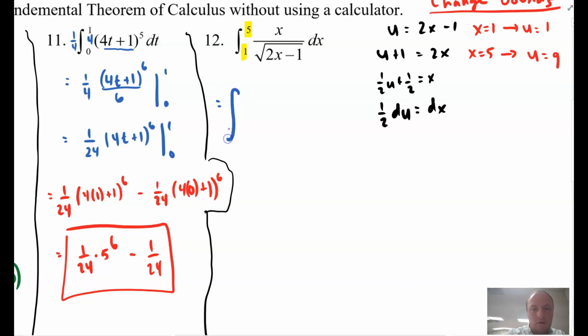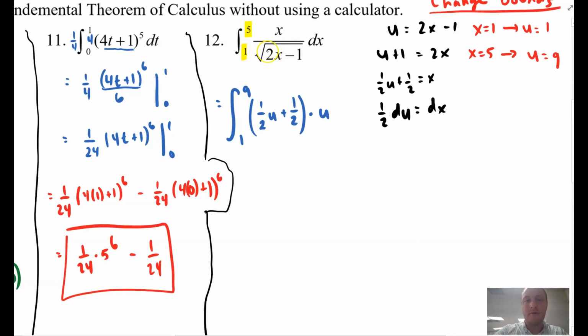So I have the integral from 1 to 9, okay, x, so I need to replace x with 1/2 u plus 1/2, and I'm going to multiply times, so notice I have the square root of 2x minus 1, so that is u.